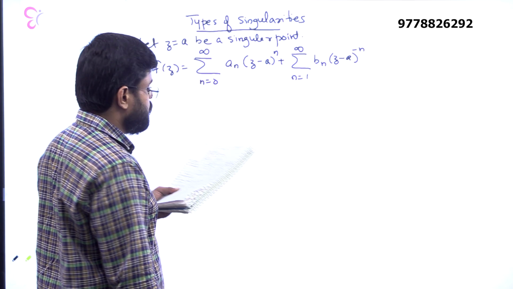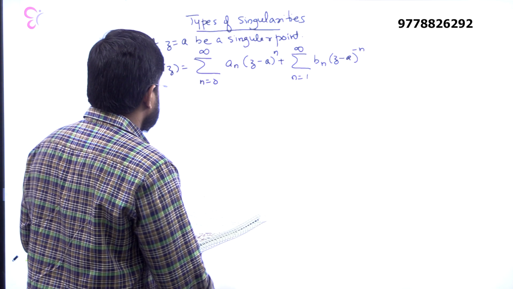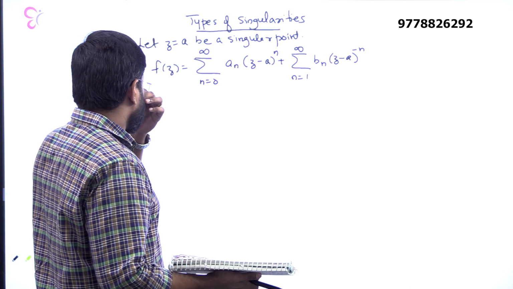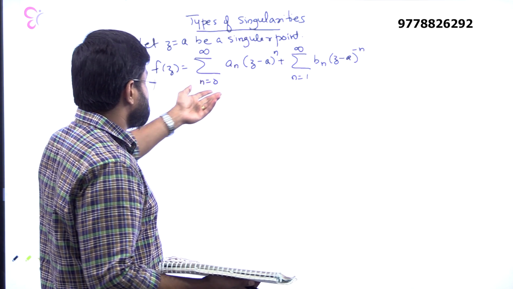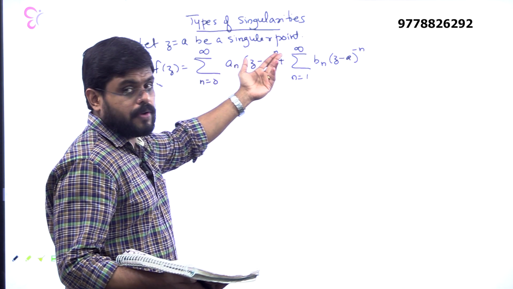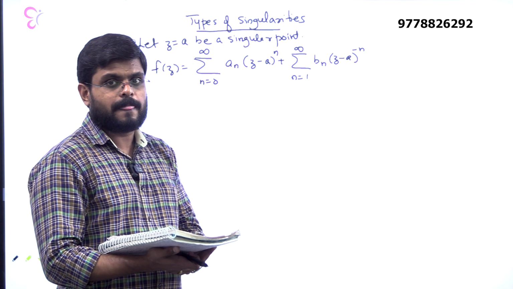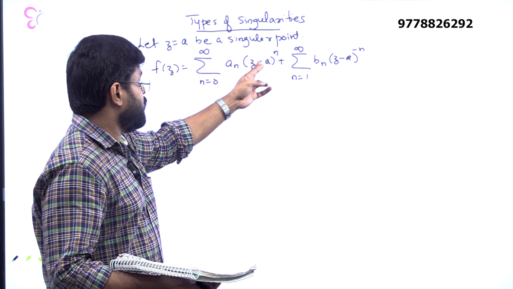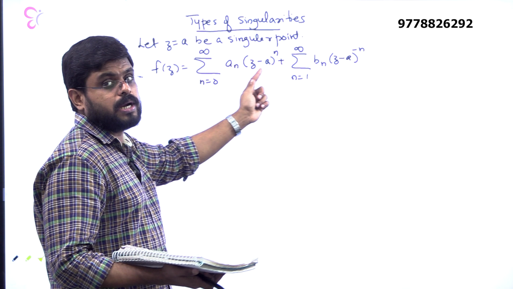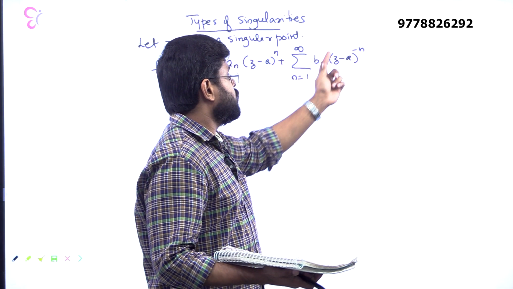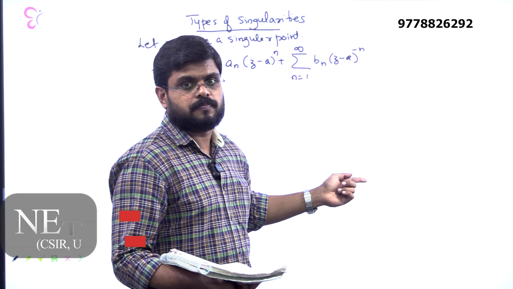This function has (z minus a) power n and also (z minus a) power minus n. That means z power n will be in the numerator, and here z power n will be in the denominator.